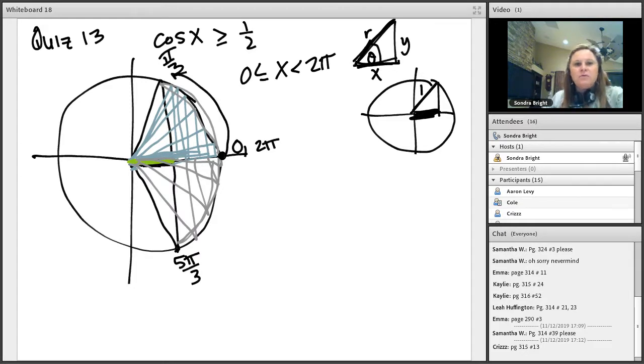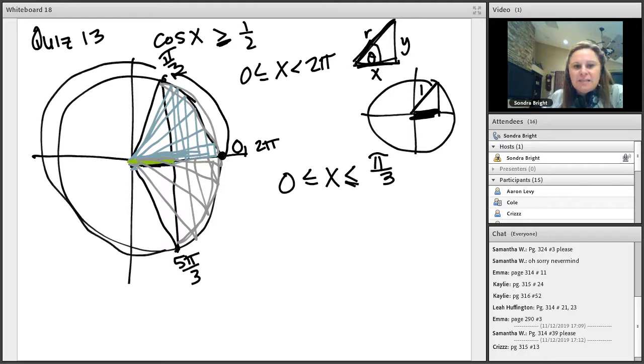And so cosine of x will be greater than 1/2 from 0 until you reach pi over 3. I'm putting or equal to because you do include it. But then as you're going around the circle, nope, nope, nope, doesn't count. All of those are less than. But then you go bigger again from 5 pi over 3 to 2 pi.